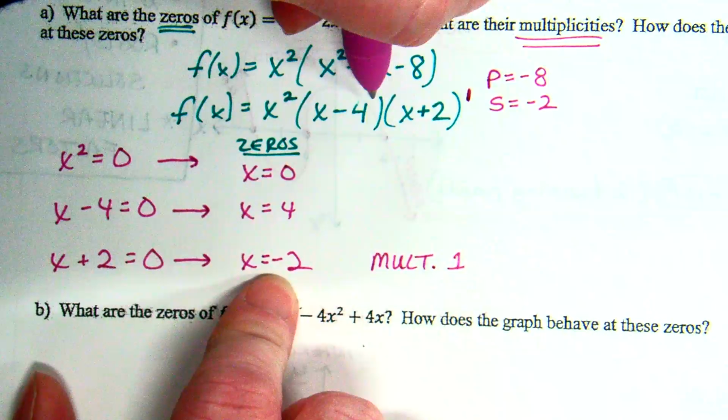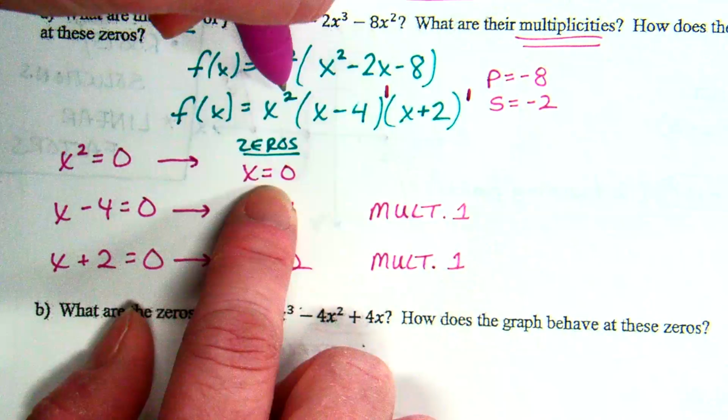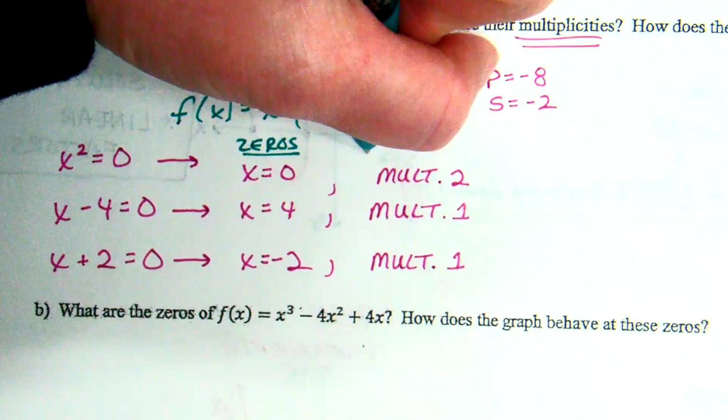X minus 4 also has an invisible power of 1, so x equals 4 has a multiplicity of 1. X equals 0 came from x squared, and there's a power of 2. So 0 has a multiplicity of 2. Those are your multiplicities for each of them.